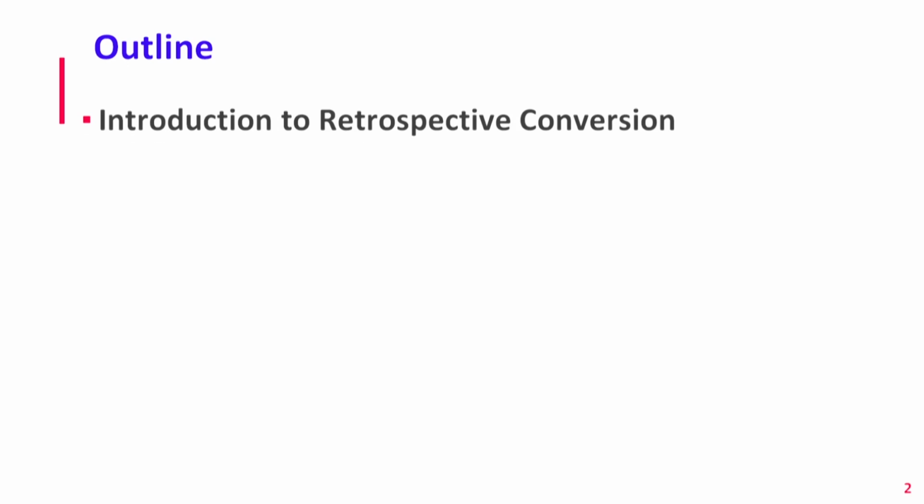We will talk about the basics of retrospective conversion first, so we will have a general introduction. Further, we will discuss the definitions of retrospective conversion. Many people have interpreted retrospective conversion in terms of library automation, and once the definition is clear, we will discuss the objectives of retrospective conversion, the need for conversion from manual systems to an automatic system.